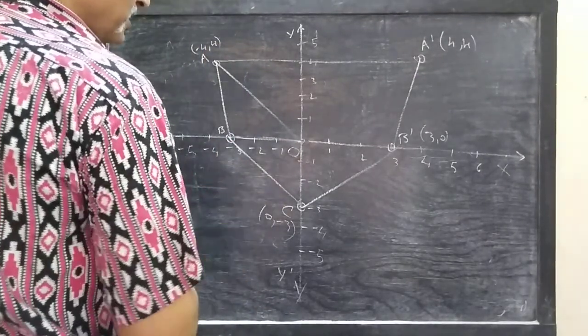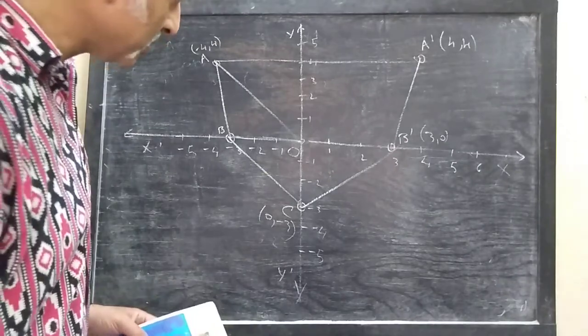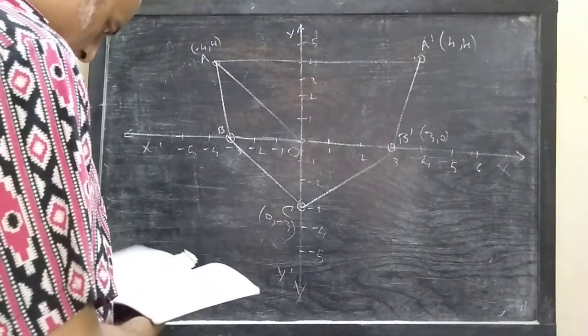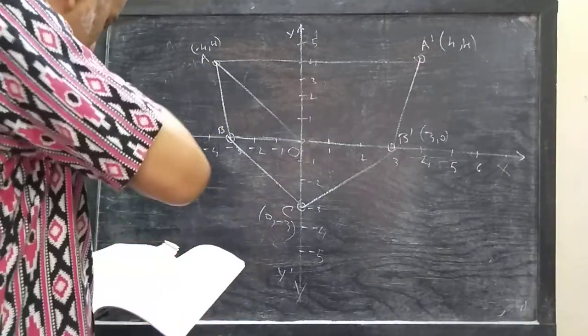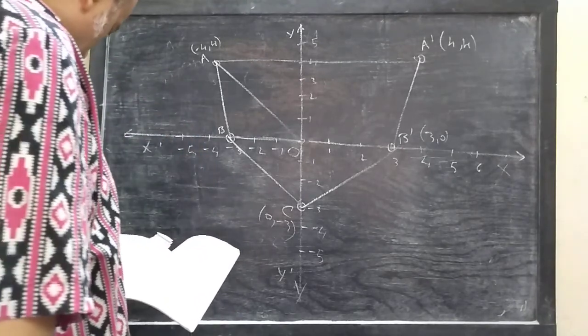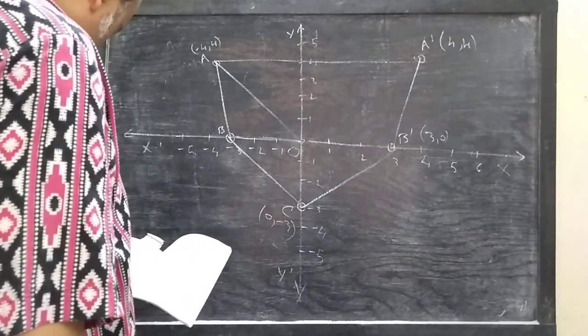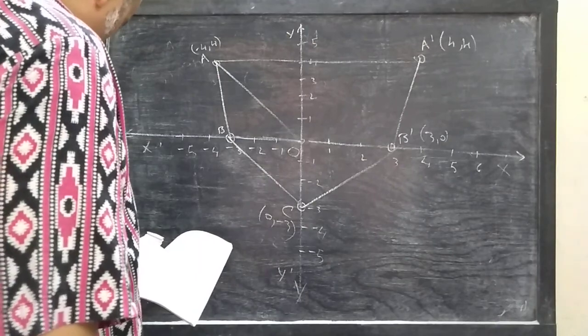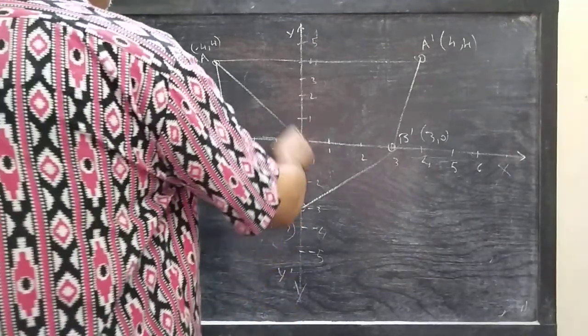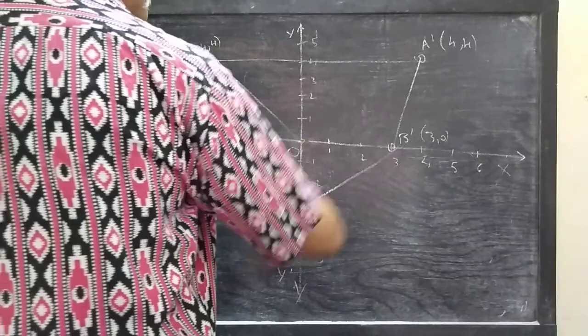OA, BC, A dash, B dash. OA, BC, A dash, B dash. OA, BC, then go to A dash.